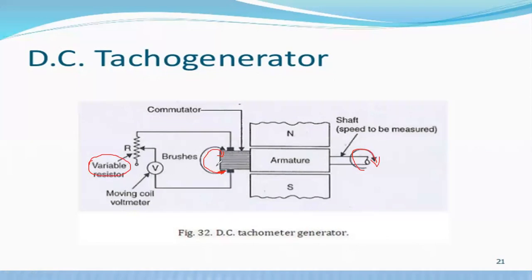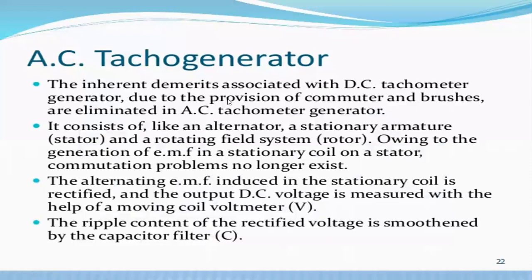So how much voltage is developed is measured by the voltmeter. The EMF generated in this DC tacho generator depends on the speed of the shaft. That's why the EMF is calculated from the speed of the shaft. So that is the constructional details of the DC tacho generator.